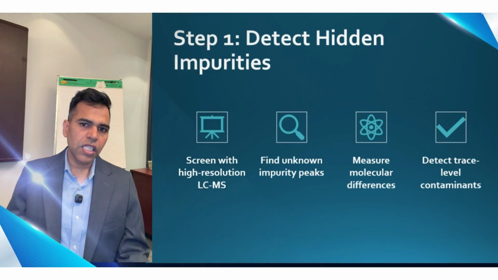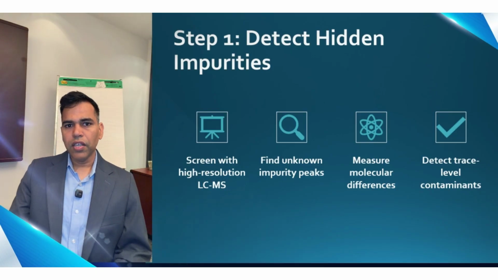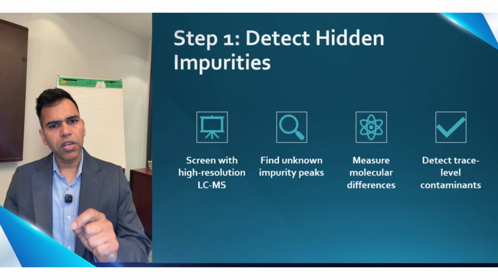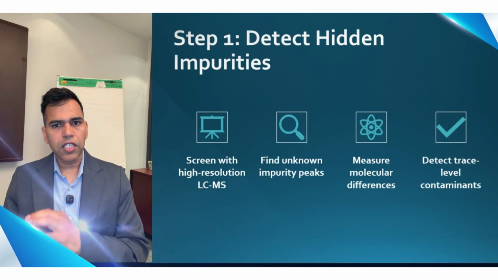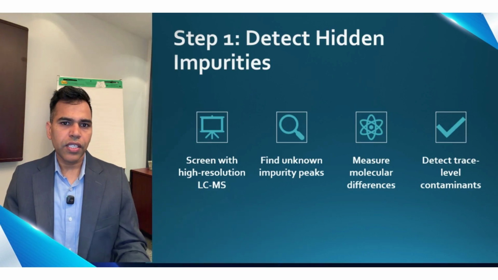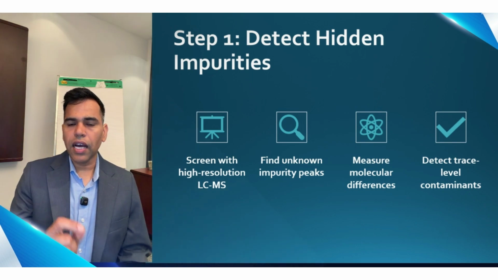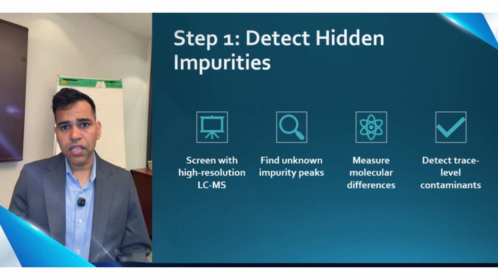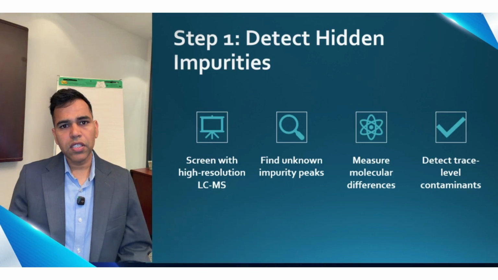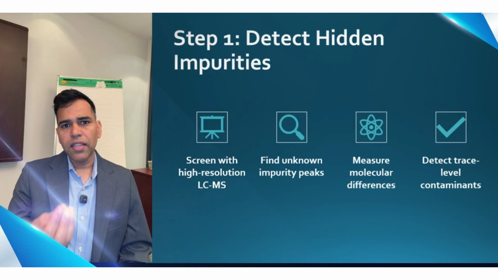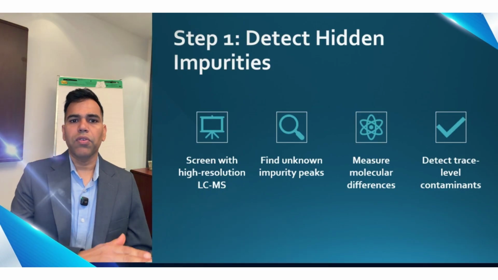Now let's talk about detection, confirmation, and separation. Detection is where many programs lose ground earliest. Reverse phase HPLC with UV detection is not sufficient for this molecule class. You need high resolution LC-MS, a system that can resolve co-eluting species with mass that are invisible by peak shape alone.